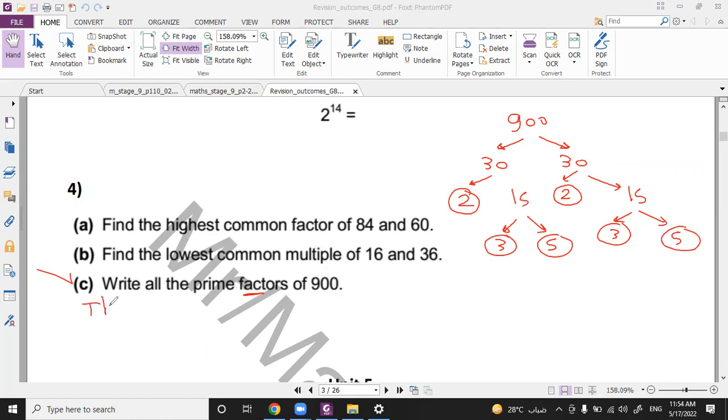So write all prime factors of 900. The prime factors are 2, 3, and 5.